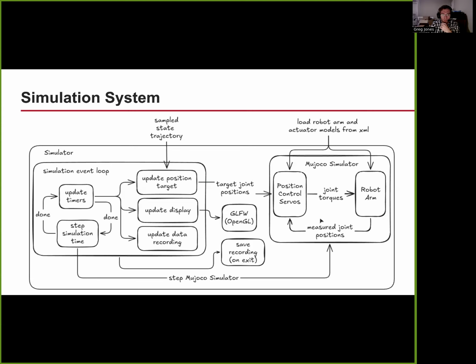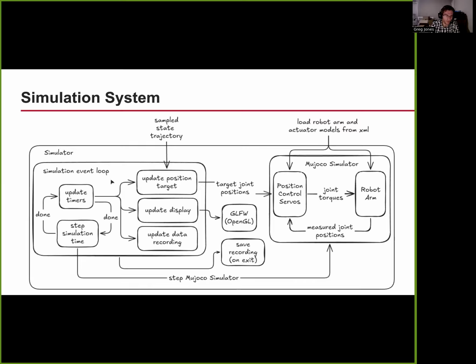And so when this MuJoCo simulator was stepped as part of the simulation loop on the left, that would do some calculations involving the PID loops of the servos. So I didn't have to write anything for this. This was internal to the MuJoCo simulator. The only thing that needed to be done mainly there was loading the model and then stepping the simulator.